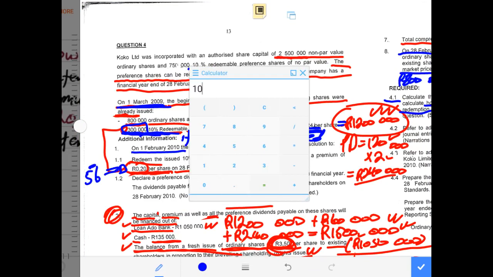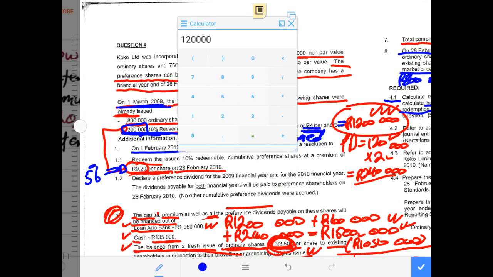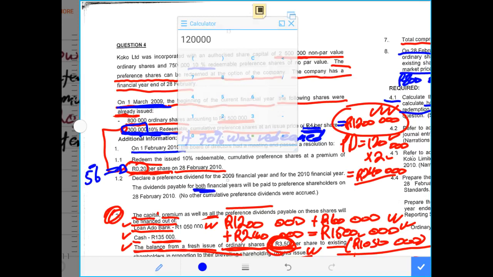Then you say 10 divided by 100, which is 10%. Multiply that by the capital, 1,200,000. That gives us 120,000 rands. And remember, we have to add the previous year and the current year. They said for both financial years, 2009 and 2010, declare the preference dividends.